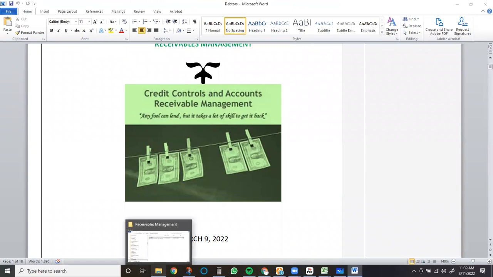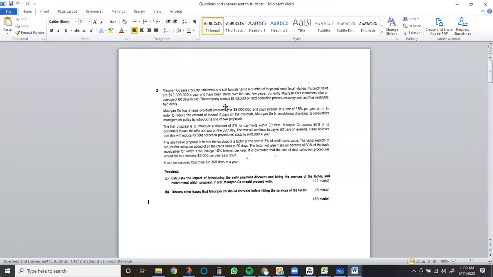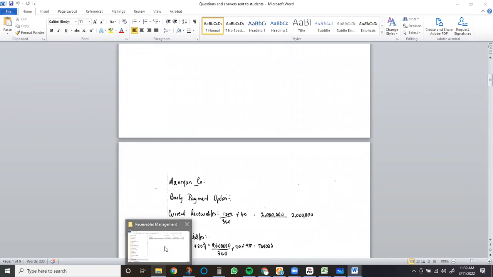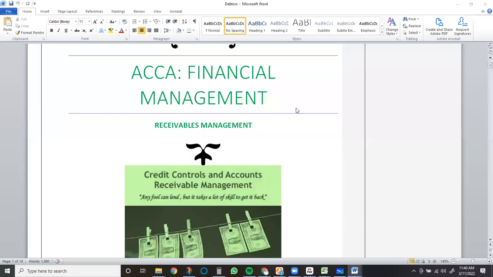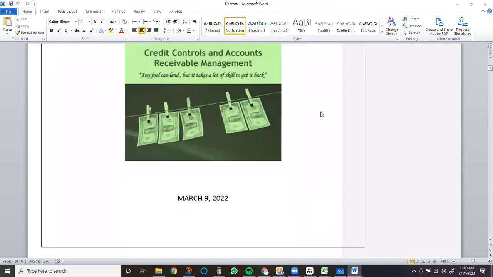And then we've got our questions and answers handout. Should be another one. Hang on a sec. Okay, so this is our handout, receivables management.